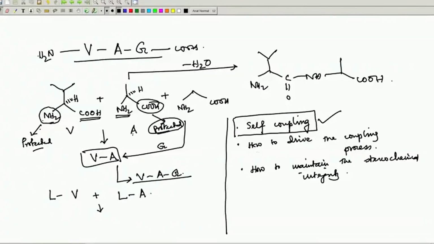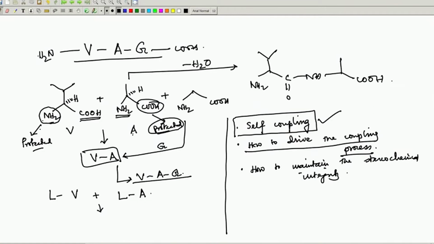The second one: how to drive the coupling process. When you want to couple NH2 and CO2H, in the organic chemistry laboratory, if you are asked to make an amide bond from a carboxylic acid, the way to do it is to make the carboxylic acid into an acid chloride by adding PCl5 or thionyl chloride or oxalyl chloride.